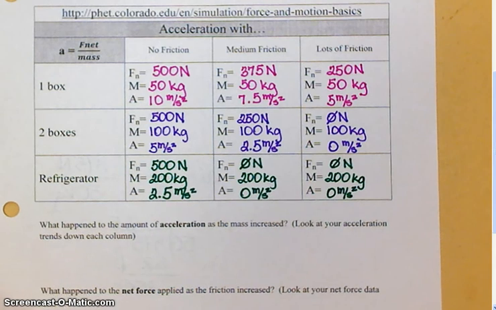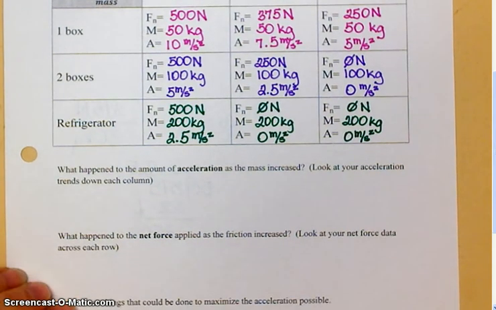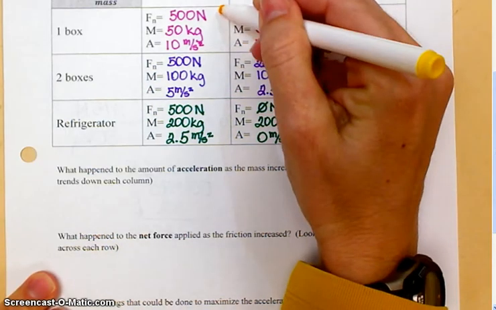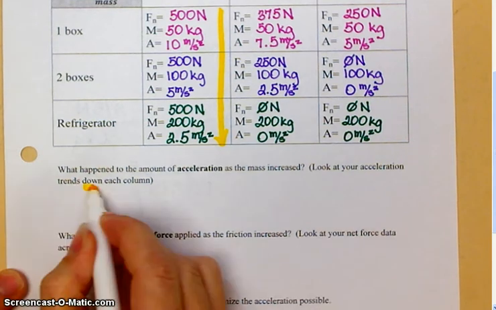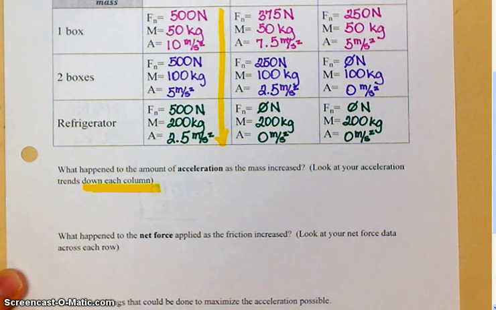All right, so now we're going to look at these questions. The first one says, what happened to the amount of acceleration as the mass increased? And it says, look at the trends down each column. Okay, so we're going to look down the column, the trend down the column, looking at what happened to acceleration as mass increased.